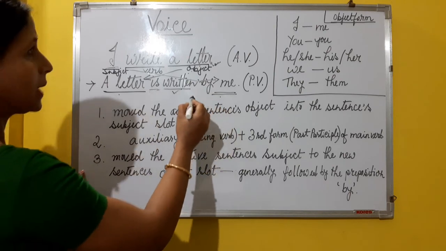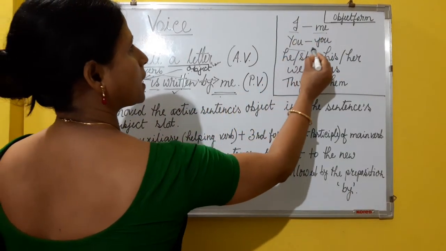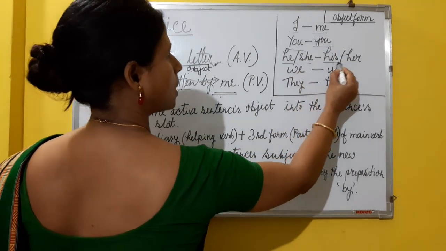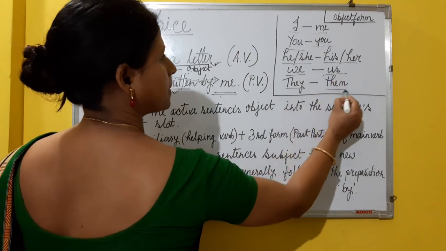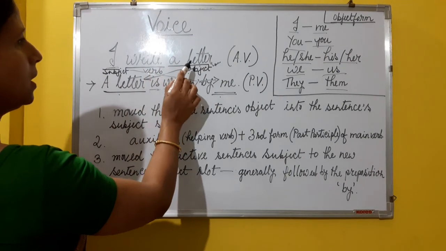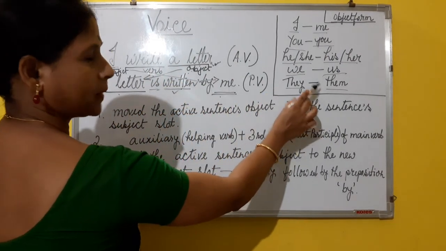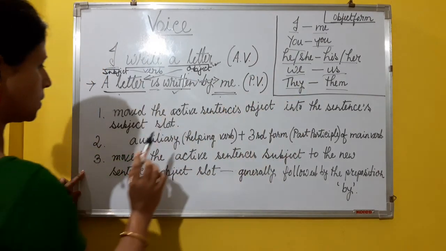Likewise, you remains you only, he or she becomes him or her, we becomes us, they becomes them. Do you understand? If the sentence is they write a letter, the answer will be a letter is written by them. In this way, the object form of the subject is used.